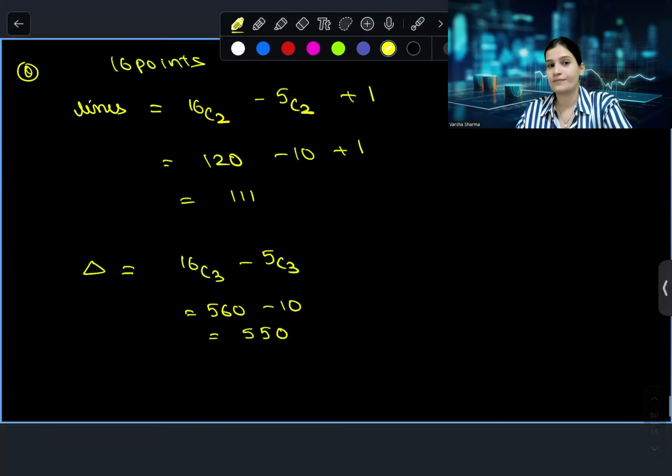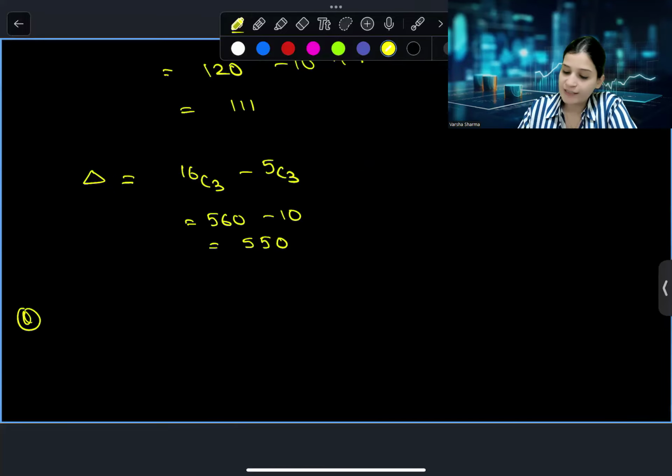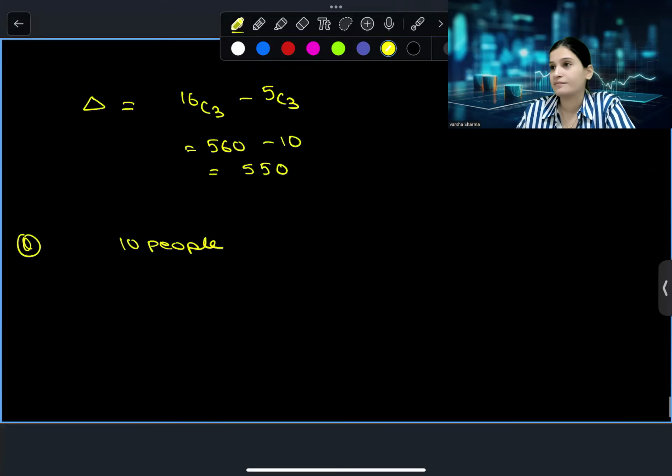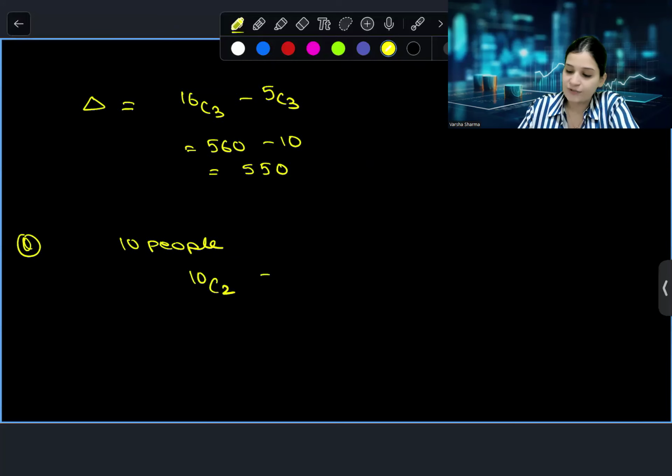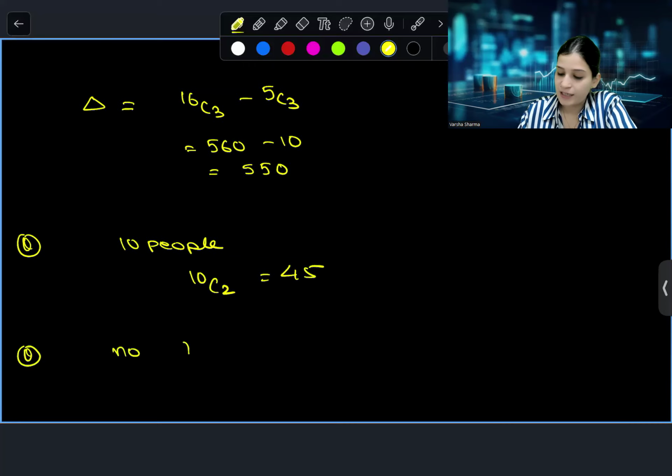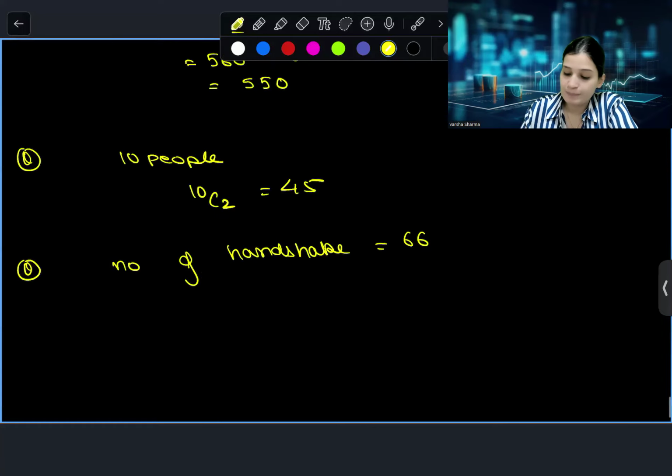How many handshakes can be done out of 10 people present in a party? 10C2, that is 45. If I say that number of handshakes is 66, find number of people.